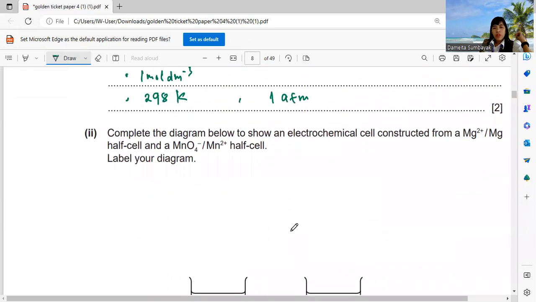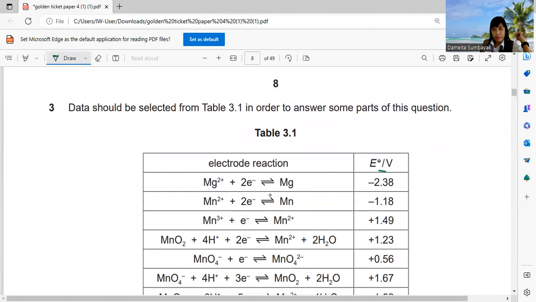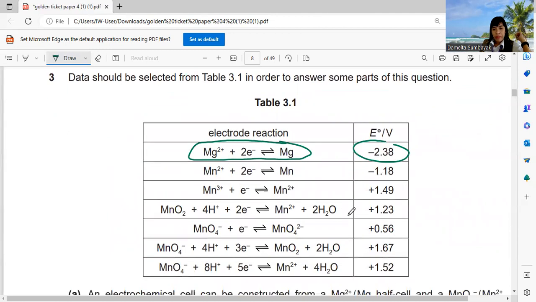Complete the diagram below to show an electrochemical cell constructed from Mg2+ to Mg. This is the first half cell, and the second half cell is MnO4- to Mn2+. So we can highlight this one and this one.